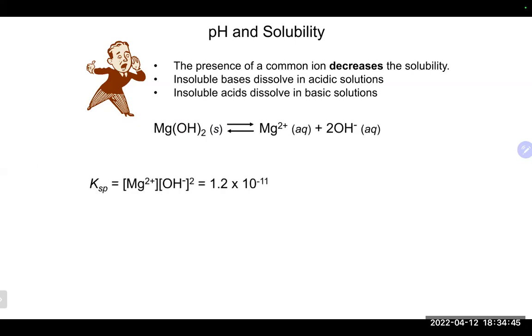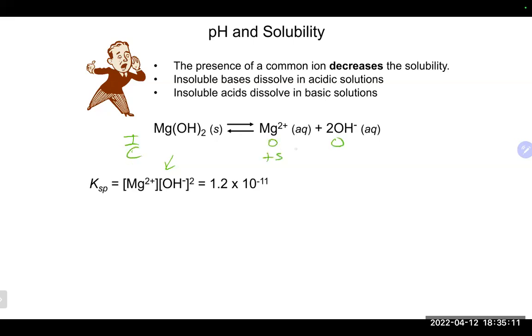So if we take a look at, say, this example here, which is magnesium hydroxide, it would break apart into magnesium ions and a couple of hydroxide. That would give us a Ksp as we see down here. And if we went through our table here, this would be 0 and 0.